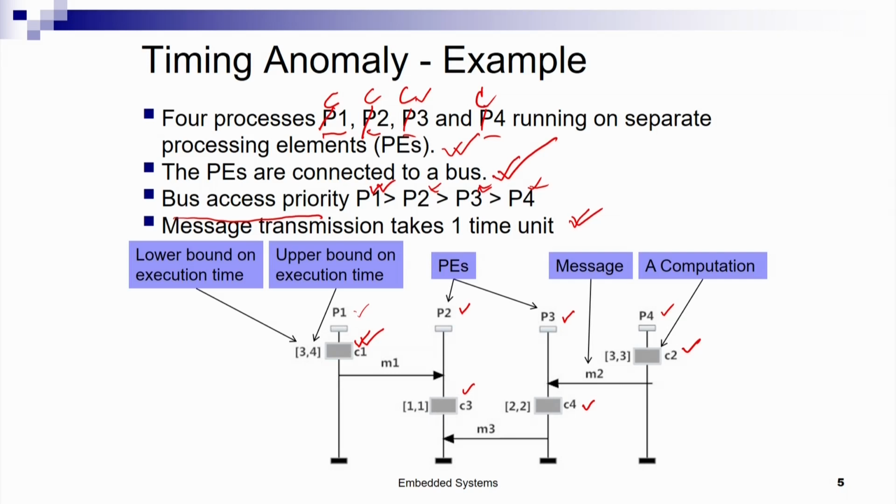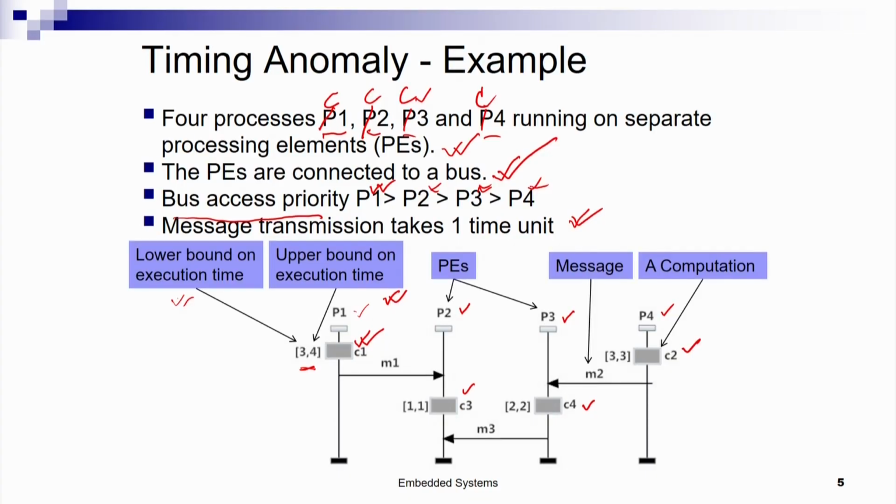Beside each task C1, C2, C3, C4, we have kept the lower bound and upper bound on execution time. Let us say we have somehow come to know the overall possible data which C1 can take as input, and the different control paths that it follows.